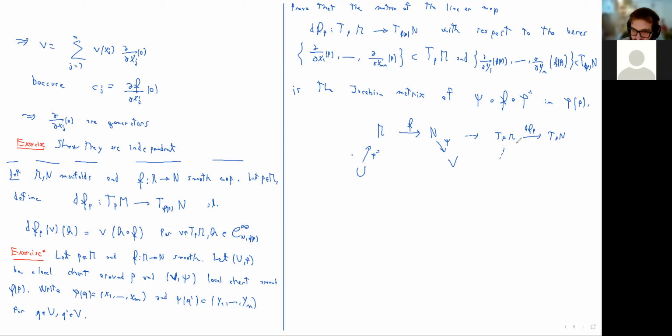And basically what this proposition, this exercise, is telling us is that if we take the correct basis, which corresponds to phi of some point, this kind of diagram also works for the differential.